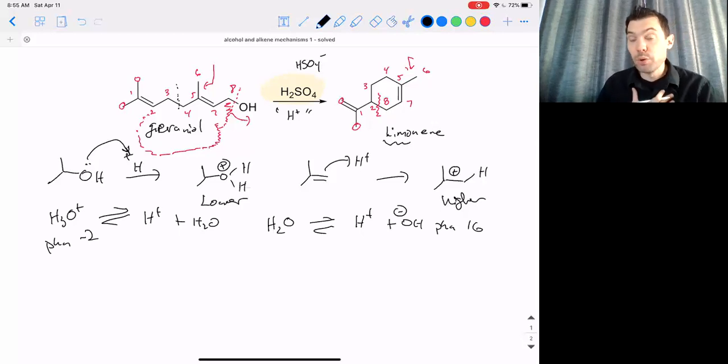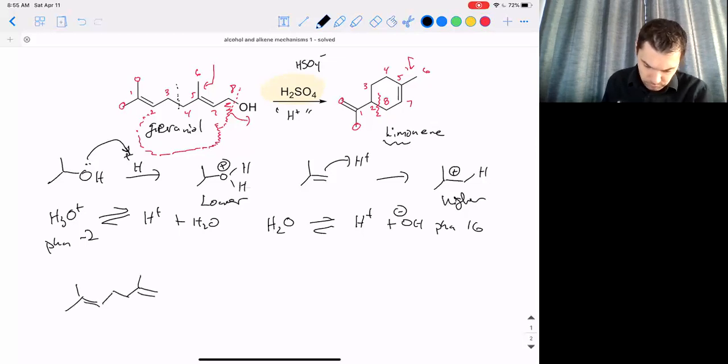So if I had my choice, I would tend to start with the OH functional group instead of the alkene functional group, just because I've built up that kind of chemical intuition, and I generally consider carbocations to be more reactive or higher energy than their corresponding protonated alcohol counterparts. So let's start with that here with geraniol. I used to draw geraniol so much as a grad student, so it's kind of bringing back memories here.